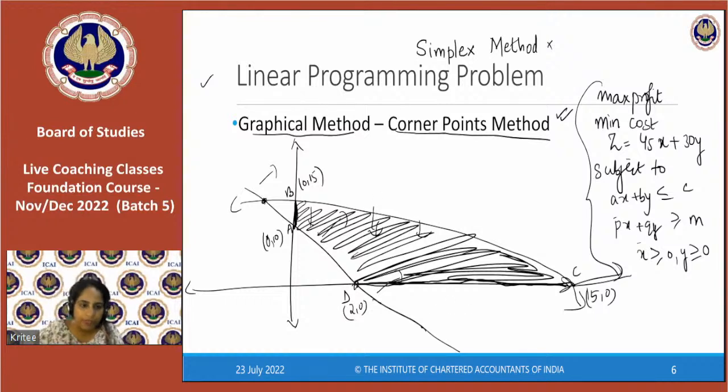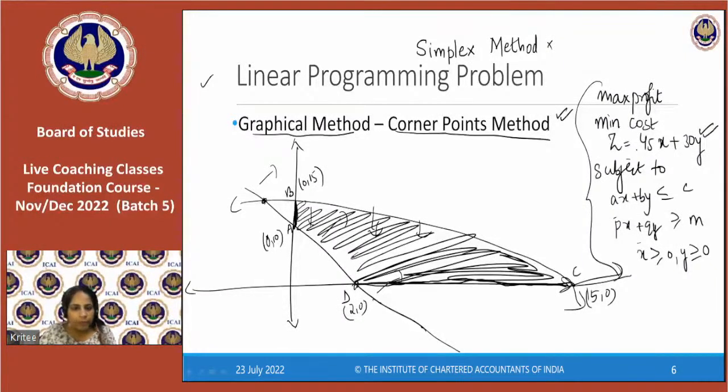So we identify these corner points. With these corner points, we substitute them into our maximizing and minimizing condition. Whichever point gives me the maximum or the minimum answer will be my final answer.